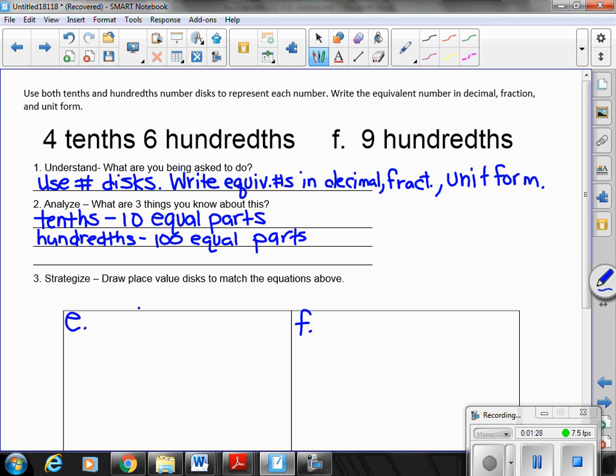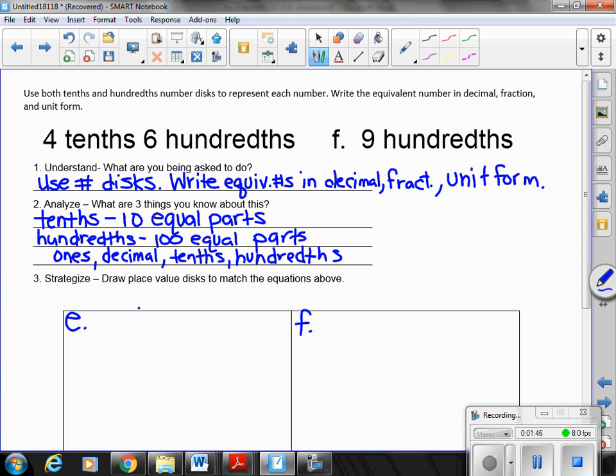And on a place value, it goes ones, decimal, for the and column, tenths. So that's just three examples of things you could write.